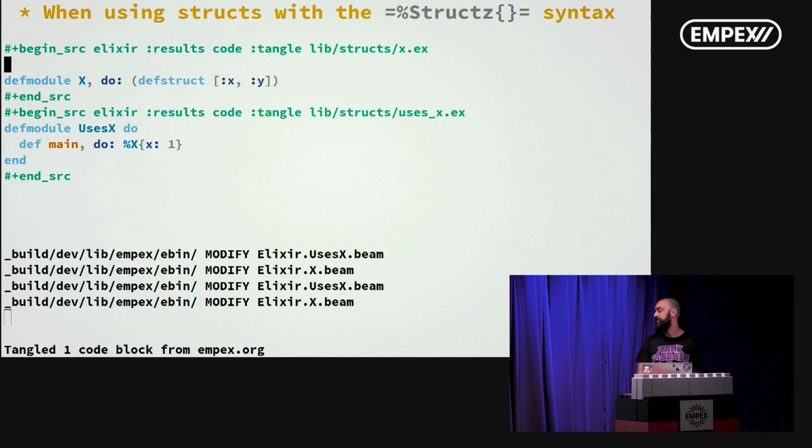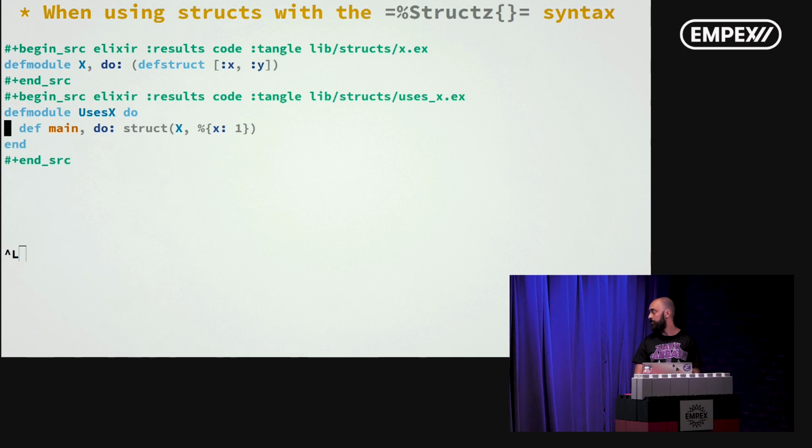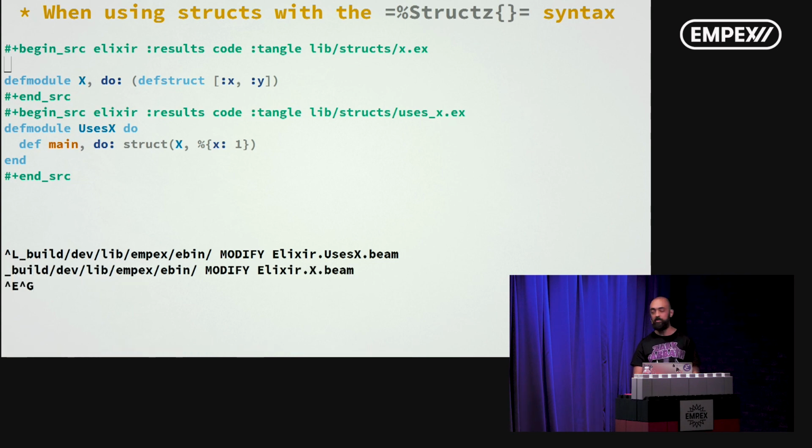If I change X, both get recompiled. But you can get around this by giving up those checks and just writing the plain struct like this. So again, if I do this, only uses X gets recompiled, and if I change X, only X gets recompiled. So that's one of the ways you can get around this behavior.